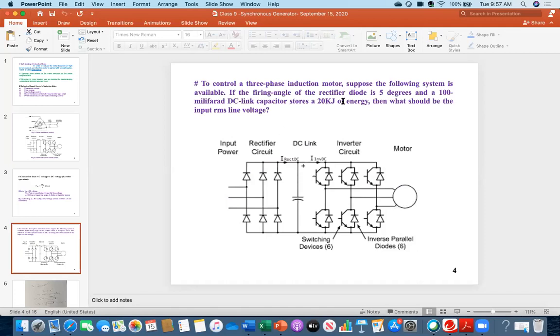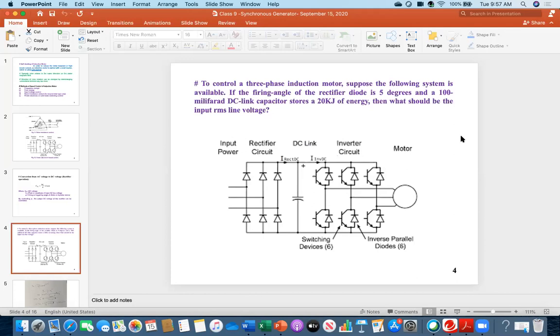If the firing angle of the rectifier diode is 5 degrees, and a 100 millifarad DC link capacitor stores 20 kilojoule of energy, so I am talking about this capacitor, it has 100 millifarad value and it is storing 20 kilojoule of energy, then what should be the input RMS line voltage? So what should be the input voltage here, the RMS value? That is the question.